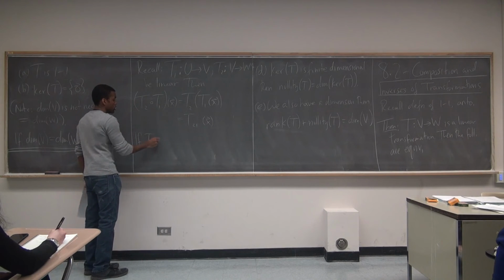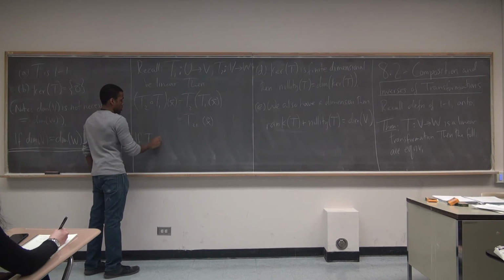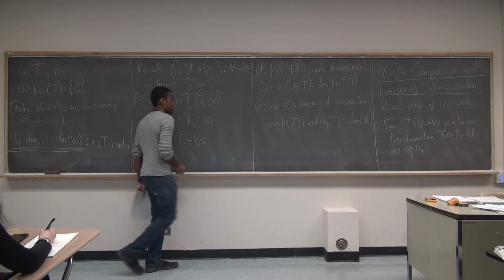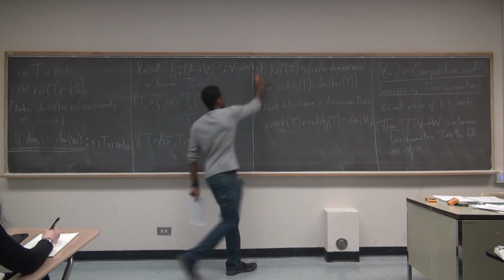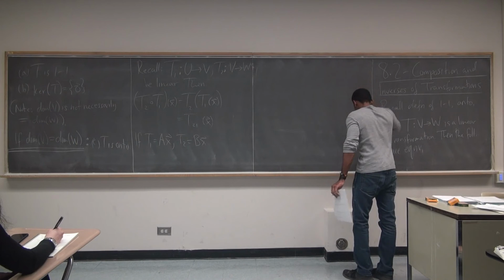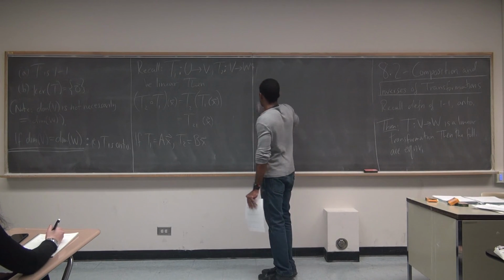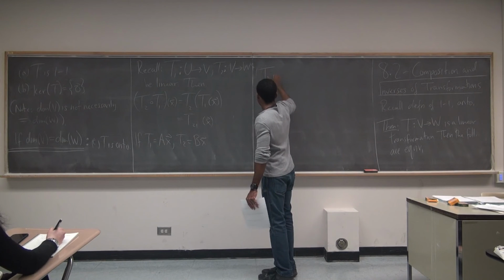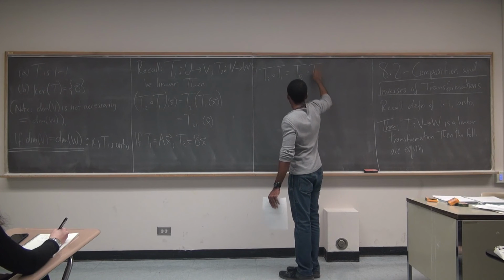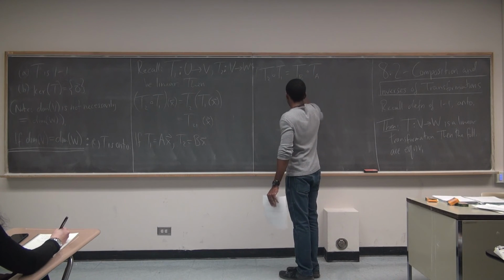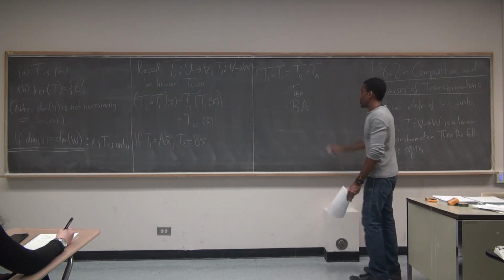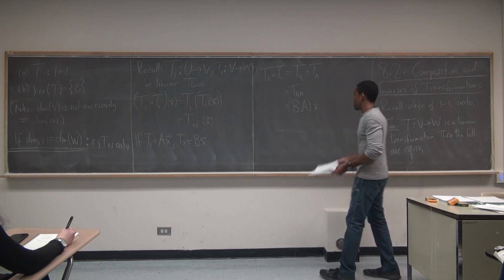If your T1 is equal to just A times X, your T2 is equal to B times X, then the composition is just a multiplication of these two, which I think was one of your homework problems, though no one asked about it. So in that case, T2 composed with T1 is really just TB composed with TA, which is actually the matrix B times the matrix A times X.